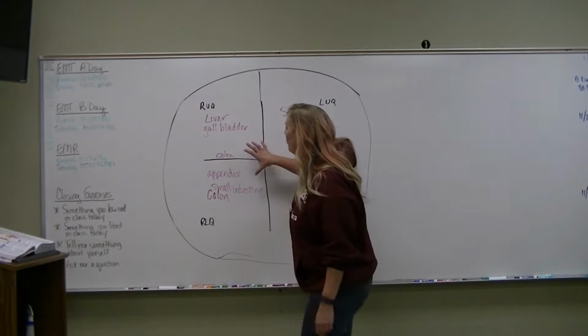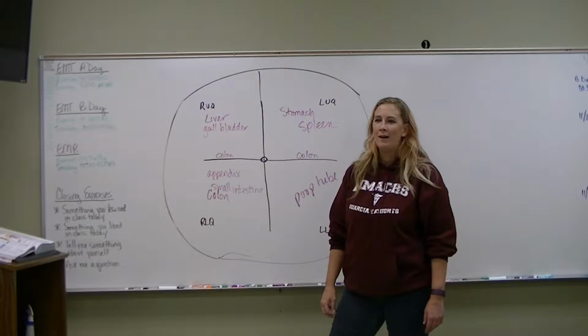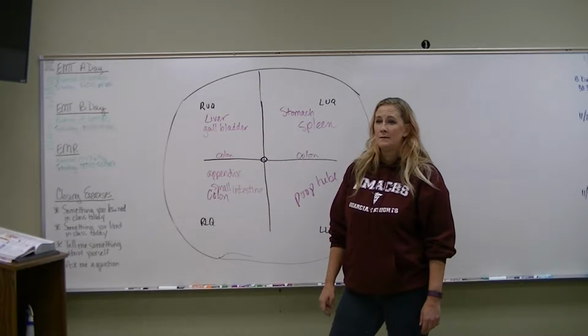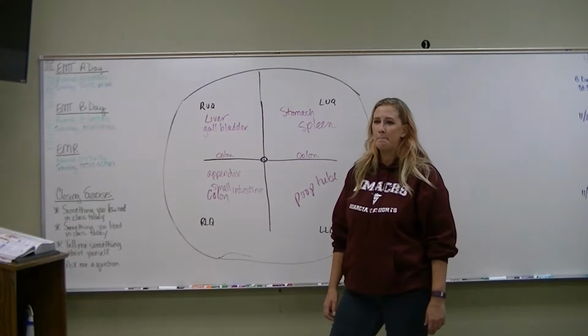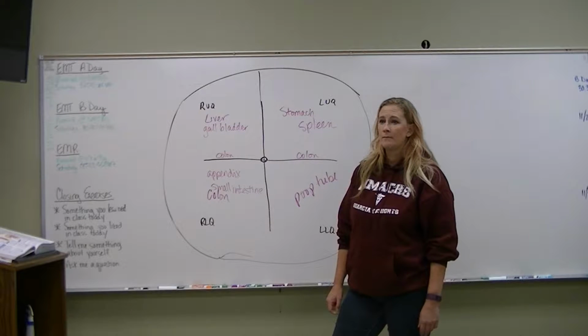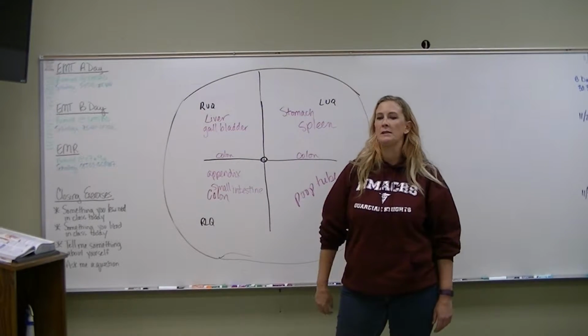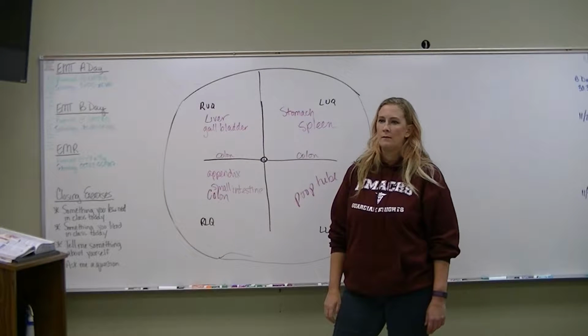Okay. Why do we care? If somebody has an injury to one of those locations, then you can possibly know what major organ they possibly injured as well. And why does that matter? Because if you injure the spleen, that bleeds a lot. Same thing with the liver. What are we going to see if we injure the spleen? If we're looking at the outside of their body, possibly bruising.